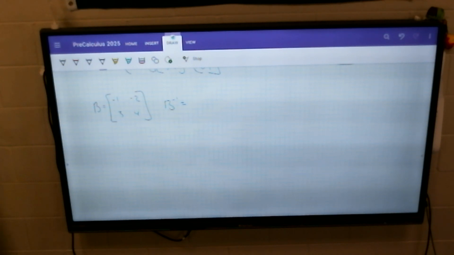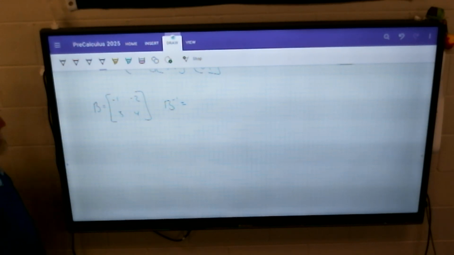Find the inverse for me. So it's just 4, 2, negative 3, negative 1.